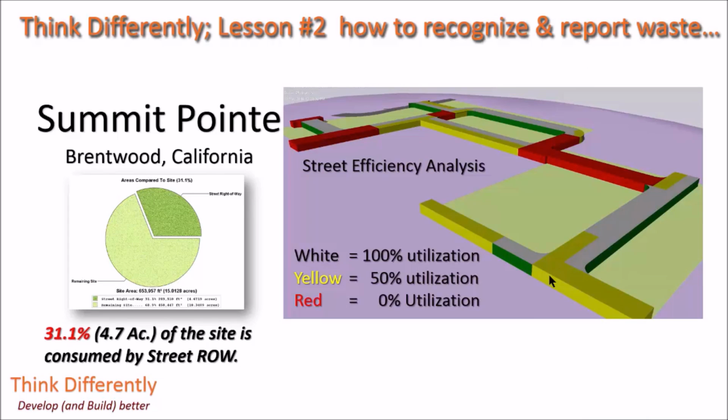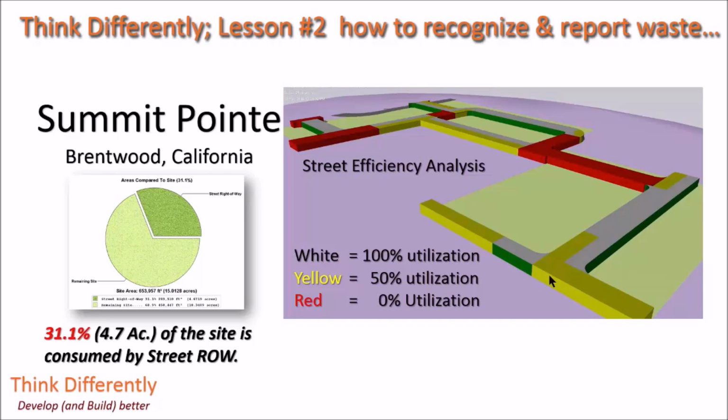So with this technology, we could go virtually instantly from 2D to 3D. So we could start not only charting this data instantly, but we could start explaining to the public and the developer who submitted the plan why that's bad. So when we look at this site and then the streets from an analysis standpoint, we could see that 31% of the site is being consumed by street right-of-way.